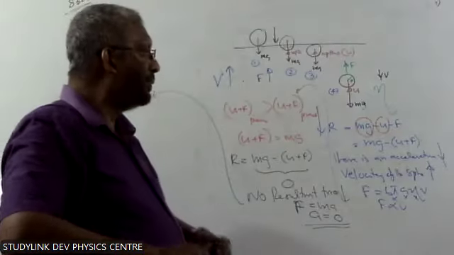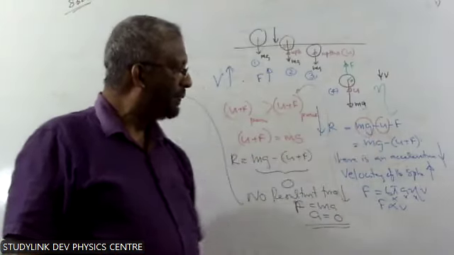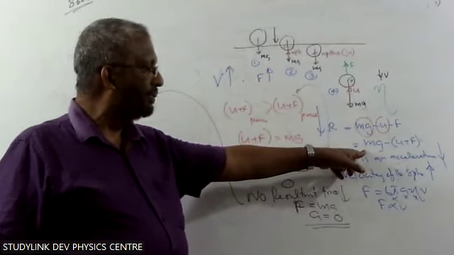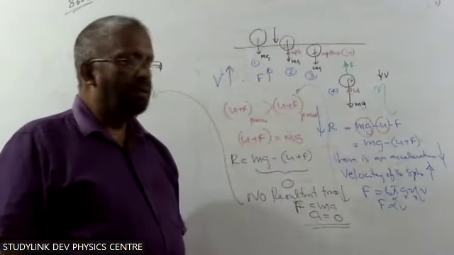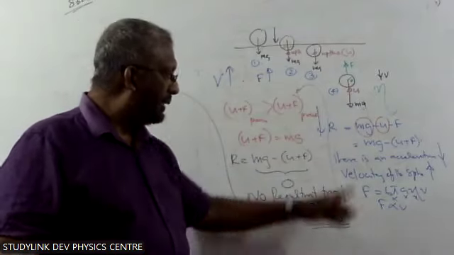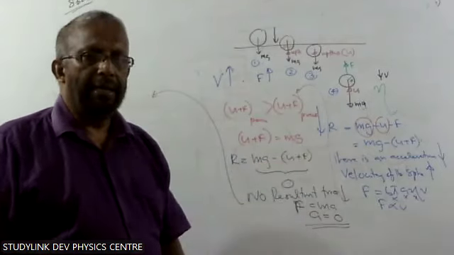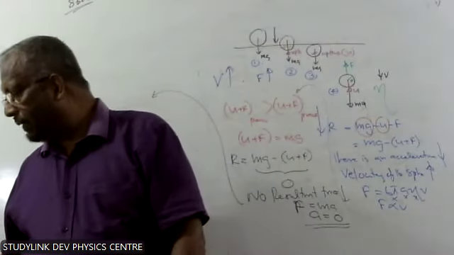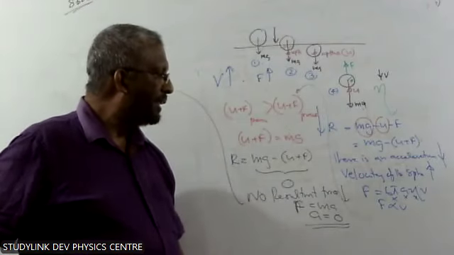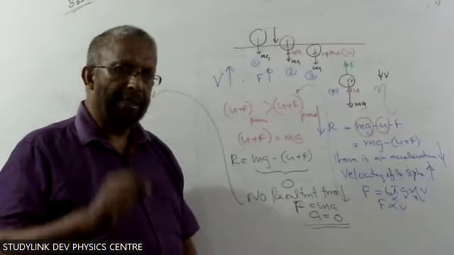Note down, R equals mg minus U minus F. Since there is a resultant force downwards, according to the equation F equals ma, there should be an acceleration vertically downwards.